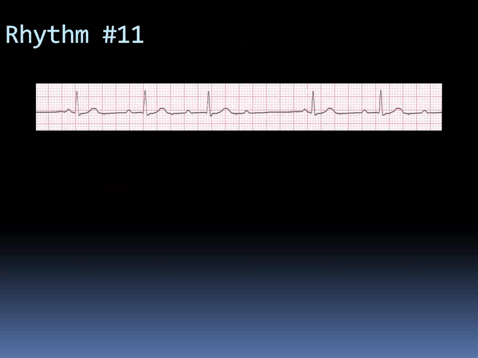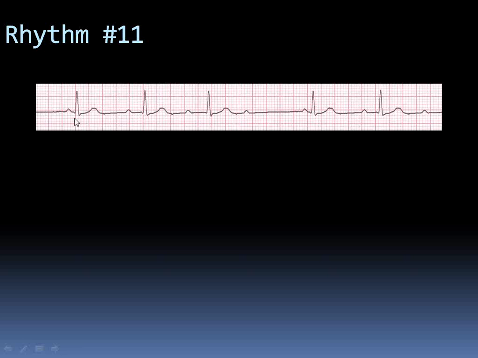Now, this is the ECG of a patient in second degree type 1. We also call it Mobitz type 1 AV block. As you can clearly see over here, the PR interval, which is the beginning of the P wave to the beginning of QRS, is different for every beat. This PR is shorter, this PR is longer, and this PR is even longer until there is no QRS complex after this P wave.